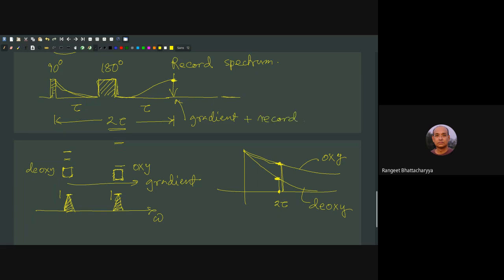So we are doing this with the echo signal, and echo signal depends on whether we have oxygenated or deoxygenated blood. So this will have less signal. This will have more signal.